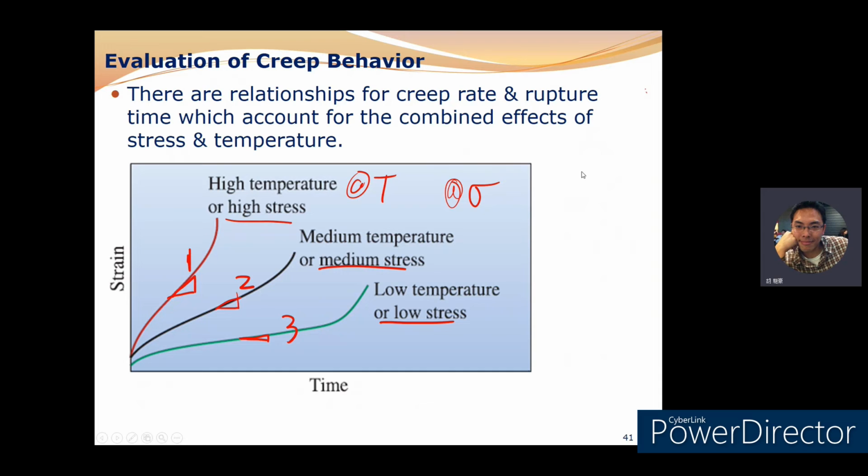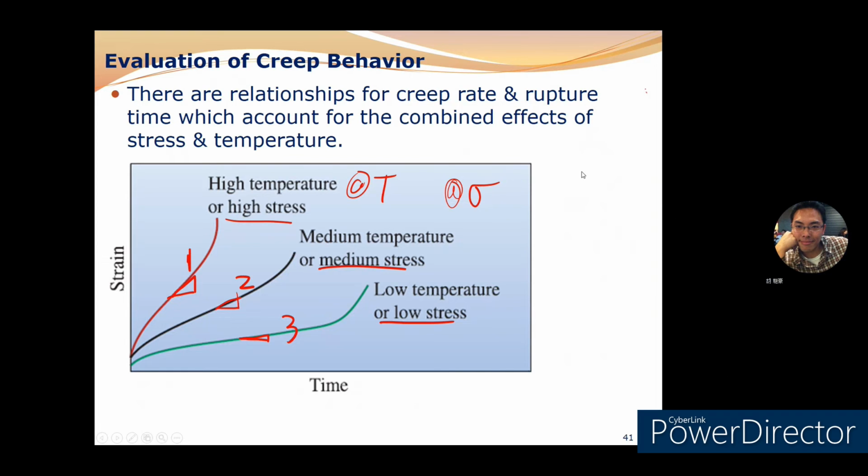We fix the applied stress and just change the temperature. Which one has the higher strength? You have to tell the differences between these three curves.